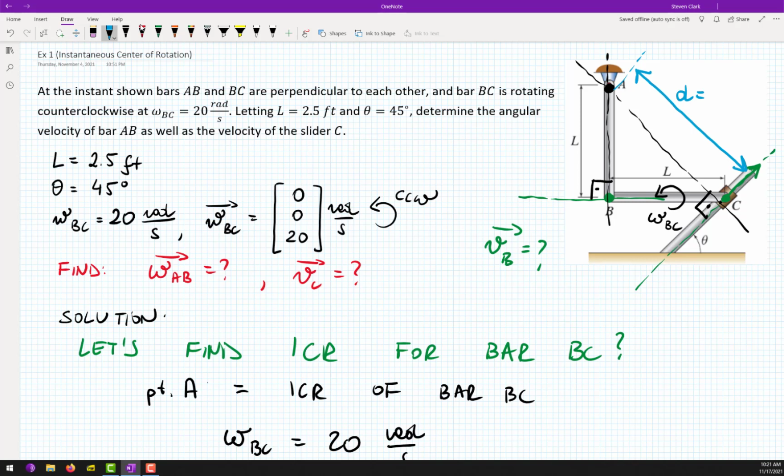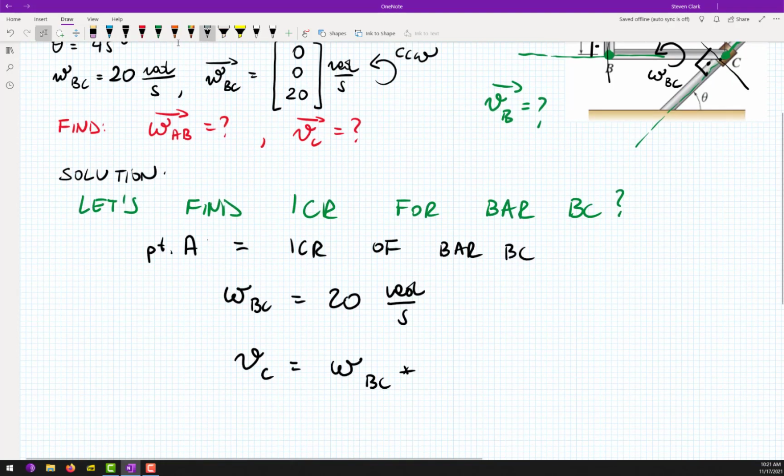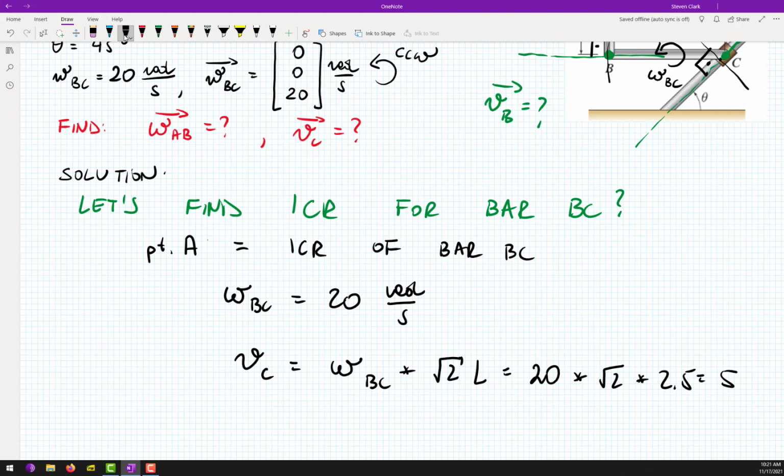Yes, it's square root of 2 times L. Perfect. Let's plug in values: 20 times square root of 2 times 2.5. This is 50 square root of 2 feet per second, exactly what we obtained 5 minutes ago.